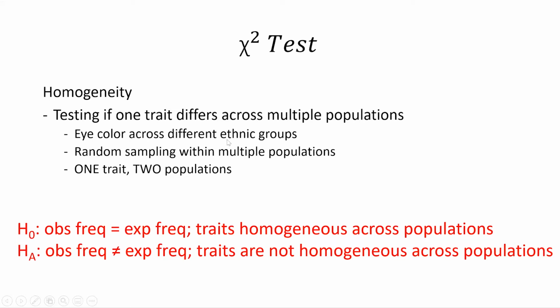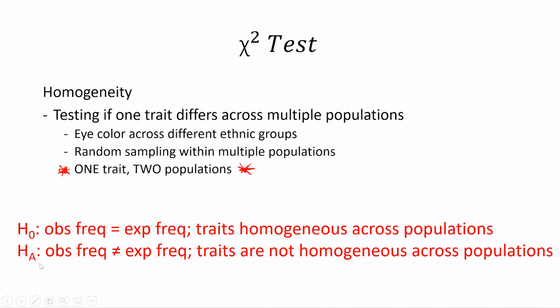So we have different populations, different groups that we expect may have different frequencies and a single trait. Again, there's random sampling within the multiple populations, but this is really key. There's one trait and 2 populations.